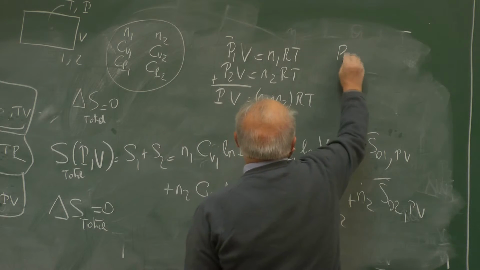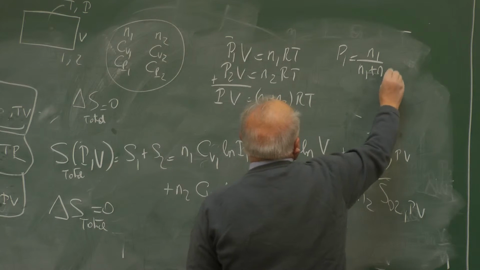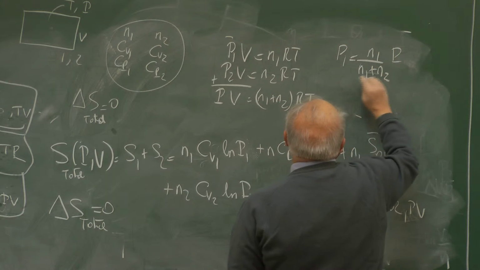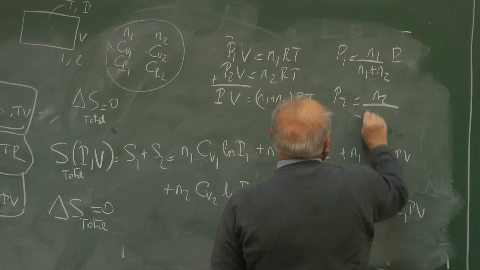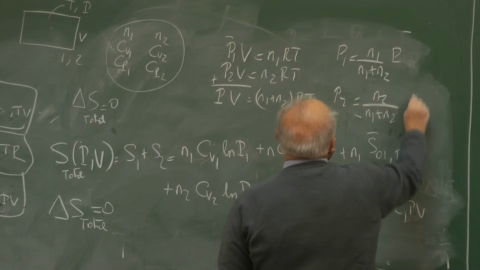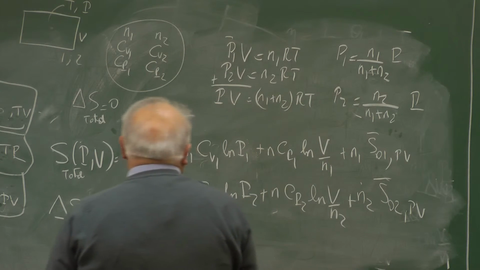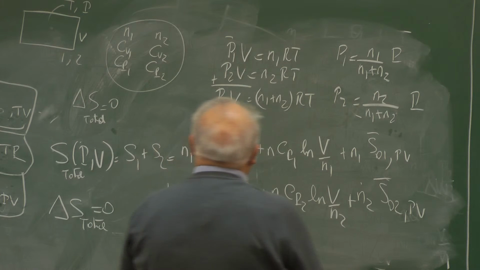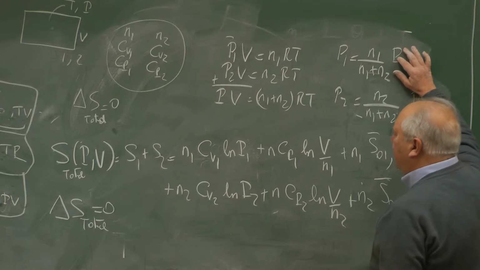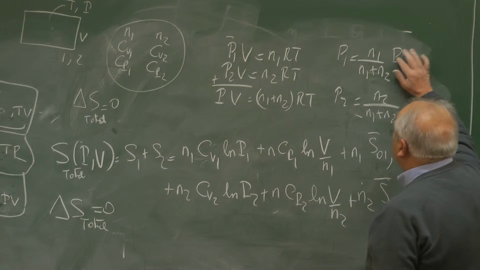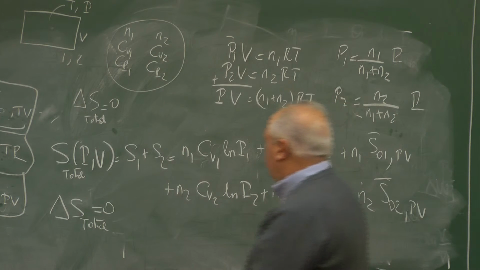Therefore, P1 is equal to N1 over (N1 plus N2) times P, and P2 is N2 over (N1 plus N2) times P. Since we are taking the logarithm, it's the logarithm of that plus the logarithm of that. Since this is constant, we don't care, so we only look at P.